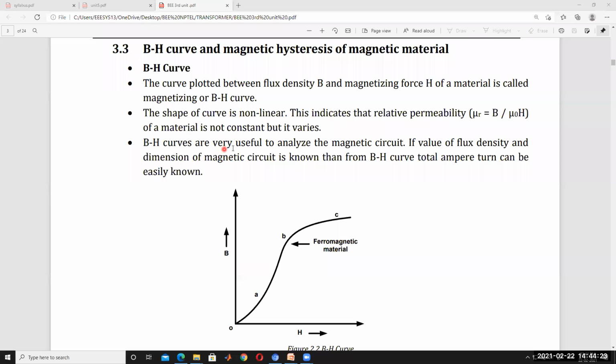The BH curve is very useful to analyze the magnetic circuit. Based on the magnetic circuit, we can explain the properties of the magnetic material.